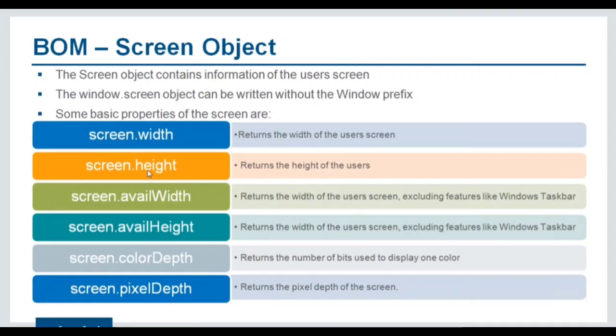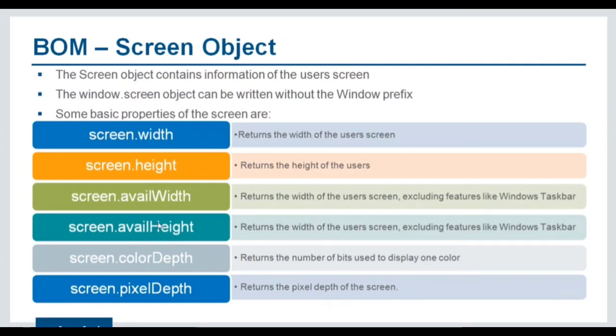So its properties you can directly access. You will get the width of the current screen, the current screen's height, and its available width. That is nothing but the width that you can see, excluding features like the taskbar. You get the available height, what is the color depth, or whatever pixel depth it has.